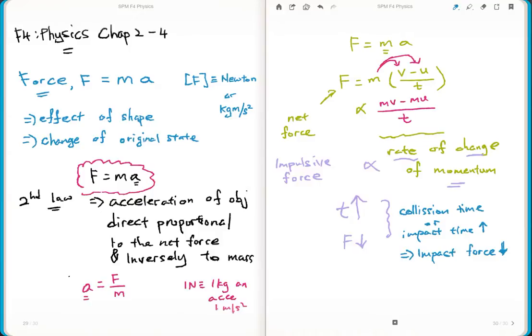Also seat belt, airbag, those are the examples. You can find an airbag in a car, meant to reduce impact force. You have a bumper embedded with styrofoam.